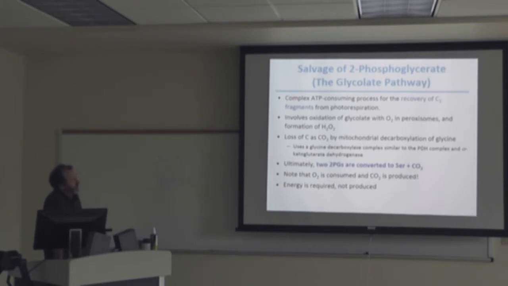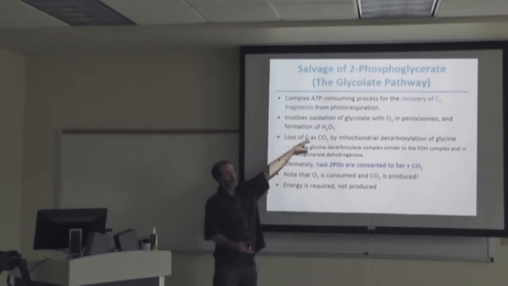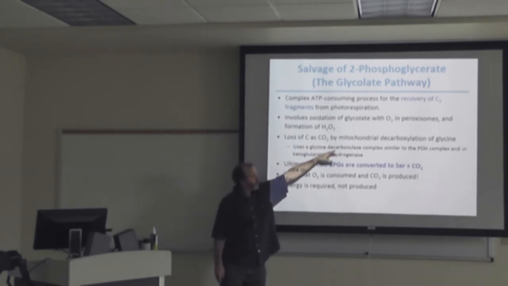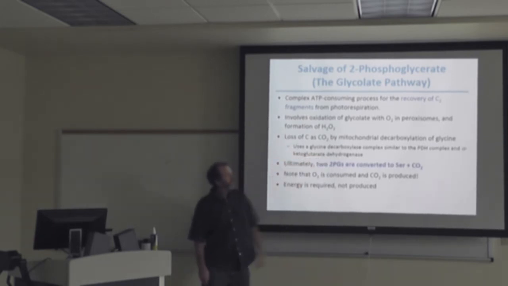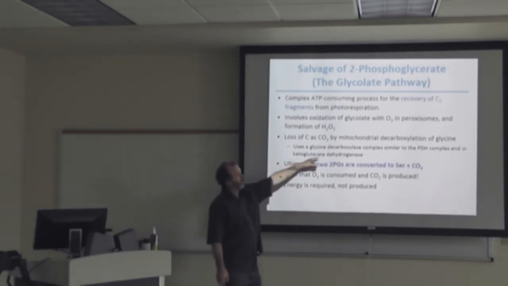So the complex ATP-consuming process for the recovery of the 2-carbon fragments from photorespiration involves the oxidation of glycolate with oxygen in the peroxisomes, which will form hydrogen peroxide. Carbon is lost as carbon dioxide by mitochondrial decarboxylation of glycine. So it uses a glycine decarboxylase complex, similar to the pyruvate dehydrogenase complex and alpha-ketoglutarate dehydrogenase.